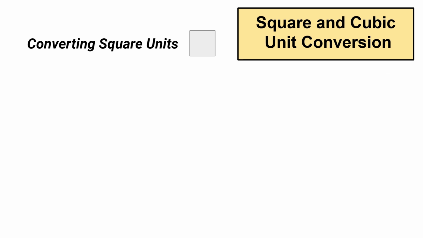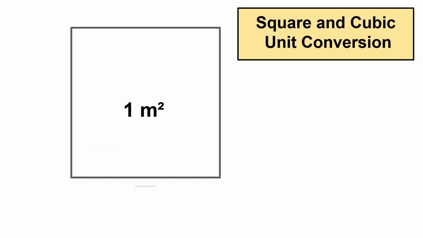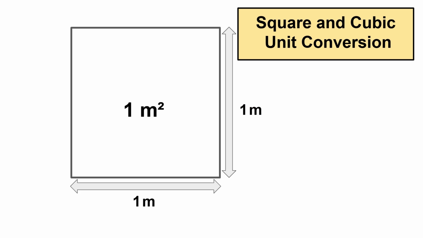Now, to help understand why we multiply or divide by 100 when we convert square units, think of 1 meter square. Now, 1 meter square is simply the area of a square that is 1 meter by 1 meter. Now, if our square is 1 meter square, how many decimeters square is that equal to?